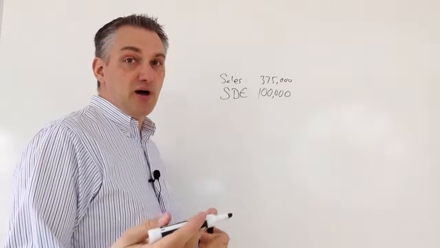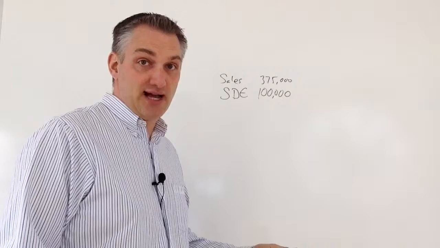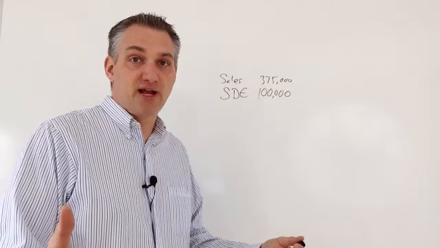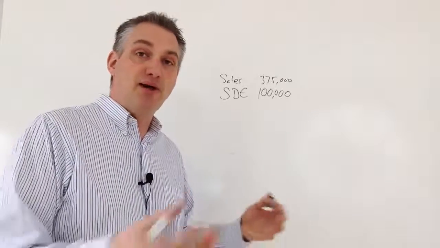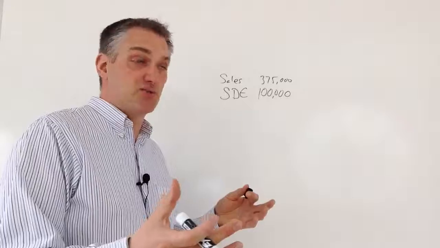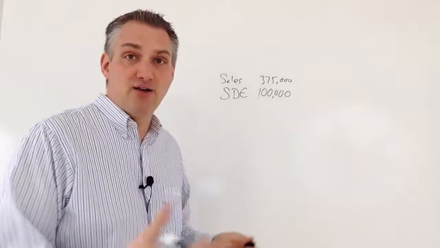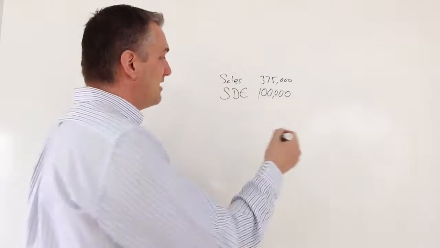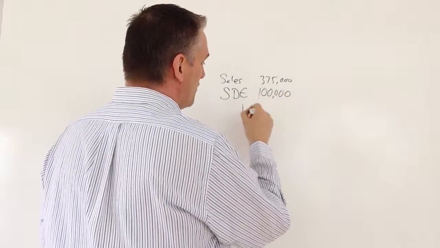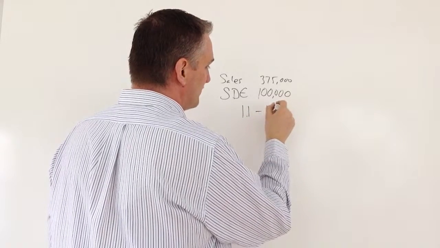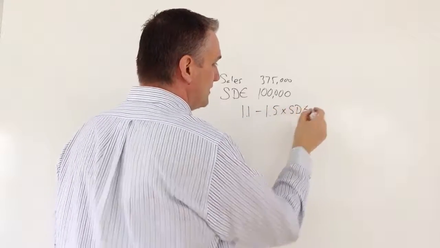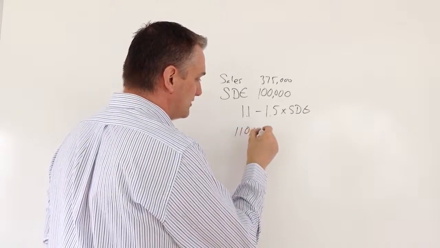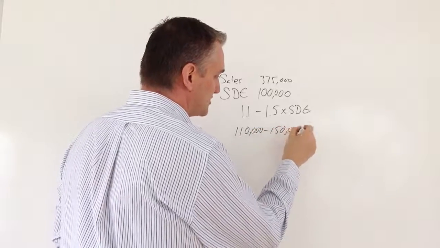So if I go into my database of past sale transactions, and only certain people with different designations and qualifications can get access to these databases, I might do a search and look for restaurants with sales between $300,000 and $450,000, and I might find that these little restaurants sell for maybe 1.1 to 1.5 times SDE, which would mean that this little restaurant might have a value of $110,000 up to $150,000 based on the cash flow.